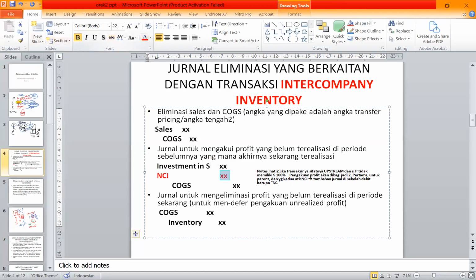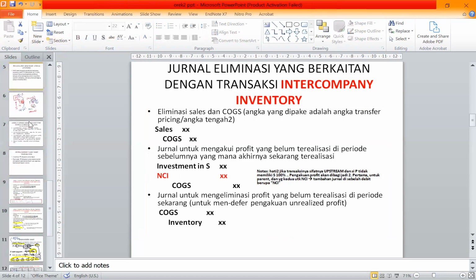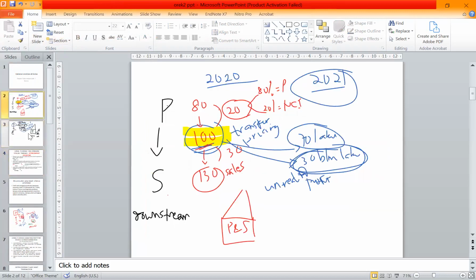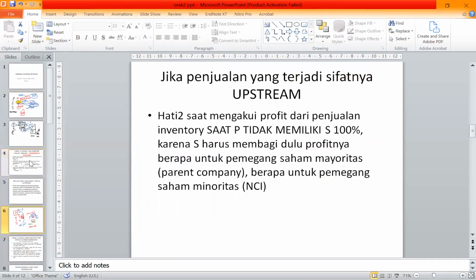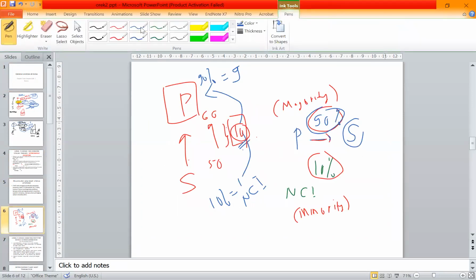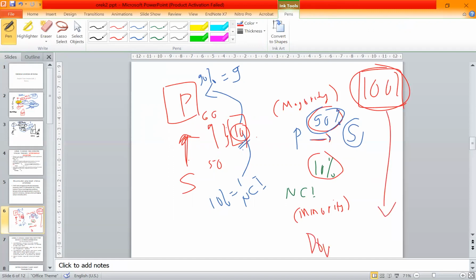But please be careful again. Let's say P owns S 100%. If the transaction is upstream sales but P owns S 100%, the logic of all the journal entries is just the same as the downstream, okay?